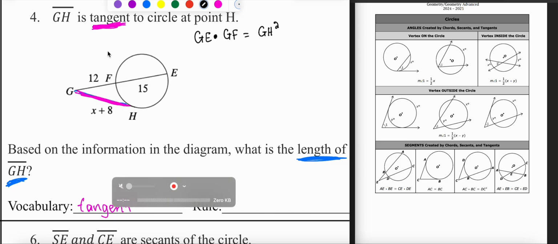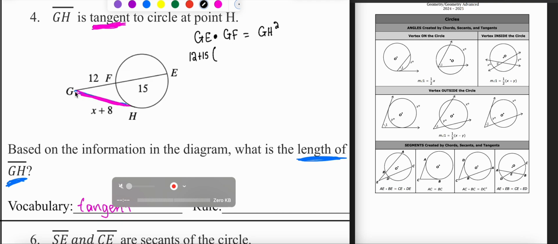square. So now we're going to do from G to E would be the 12 plus 15. So the whole line is going to be 12 plus 15. That's going to be GE, 12 plus 15. All right, multiply GF.